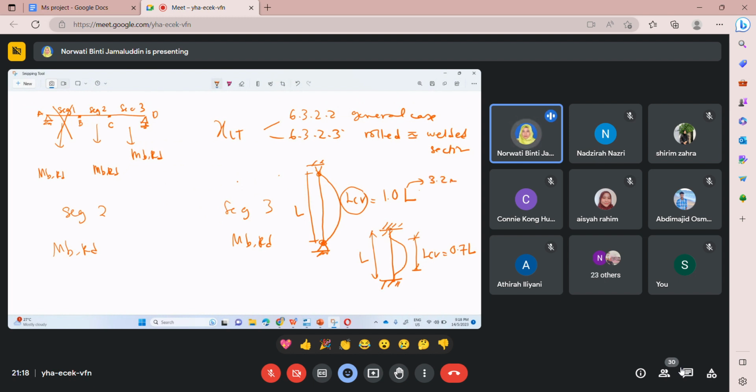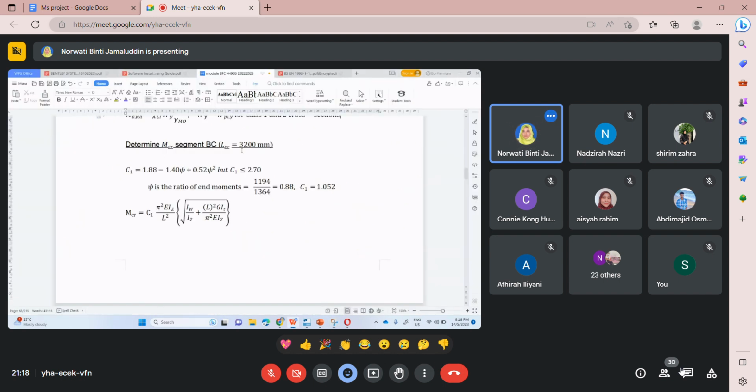That's why the LCR is 3.2 meter in this solution. For MCR, because it's an I section with a typical load case and typical end condition, just pin and pin, you can use this equation.